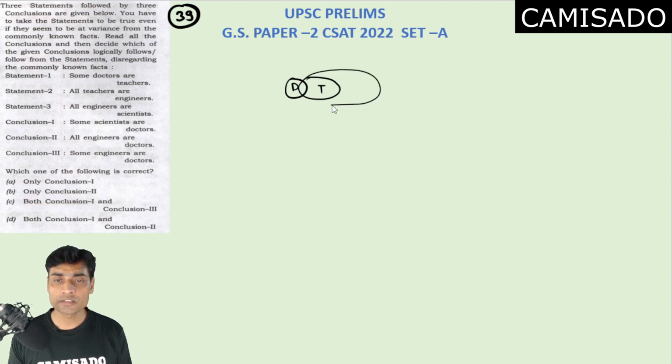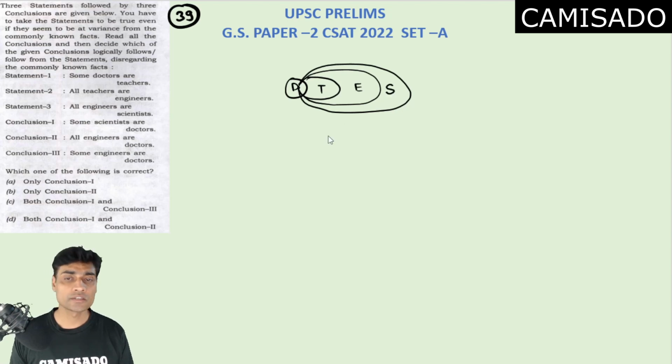All engineers are scientists. Again taking a bigger loop. So the biggest set is of scientists, then its subset is engineers, its subset is teachers, and doctors lie somewhere in intersection with teachers.